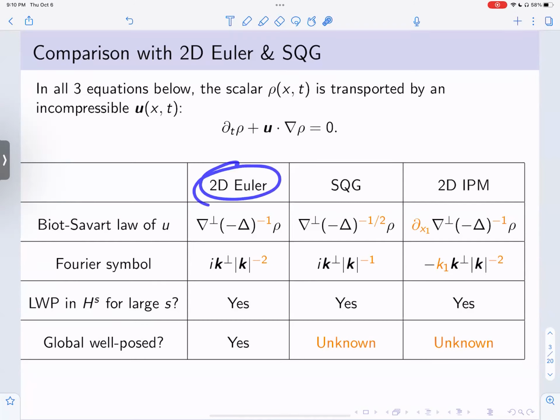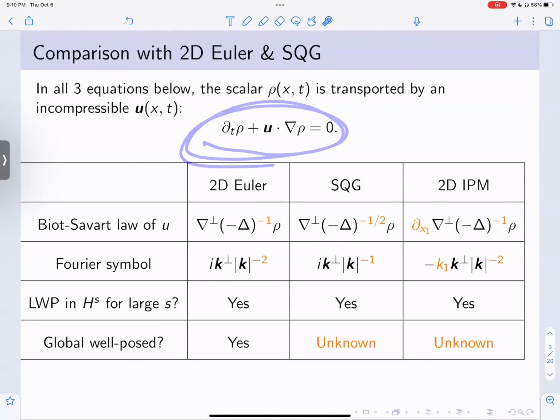For the 2D Euler equation, that scalar is actually our vorticity, which we would usually name omega, but the name of the variable doesn't really matter, right? So we have these three equations: the Euler, the surface quasi-geostrophic equation, and the 2D incompressible porous media equation. All three of them take the same form. There is a scalar-valued function rho transported by an incompressible velocity field u.